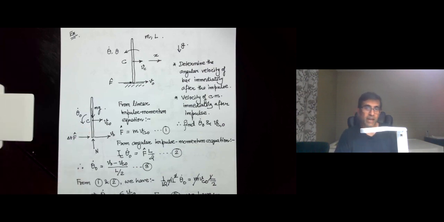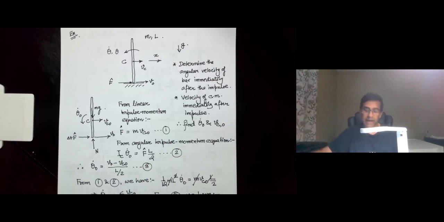Now, if you choose any other point of reference, then you have to keep in mind that this equation starts getting extra terms. When you write the equation of motion in the angular directions, then it is not just rate of change of angular momentum is equal to the moment of all external forces and torques.